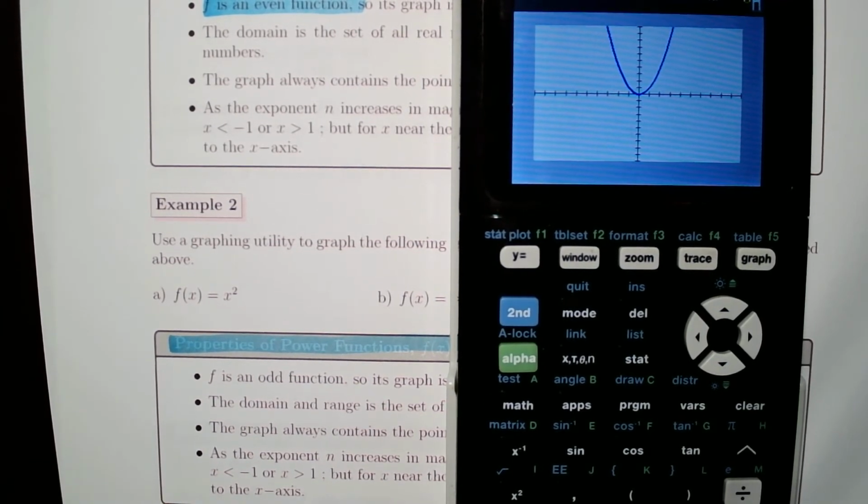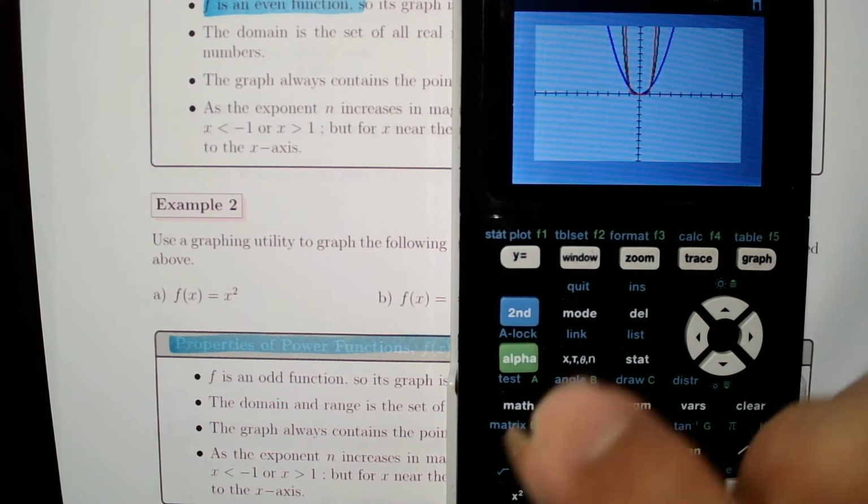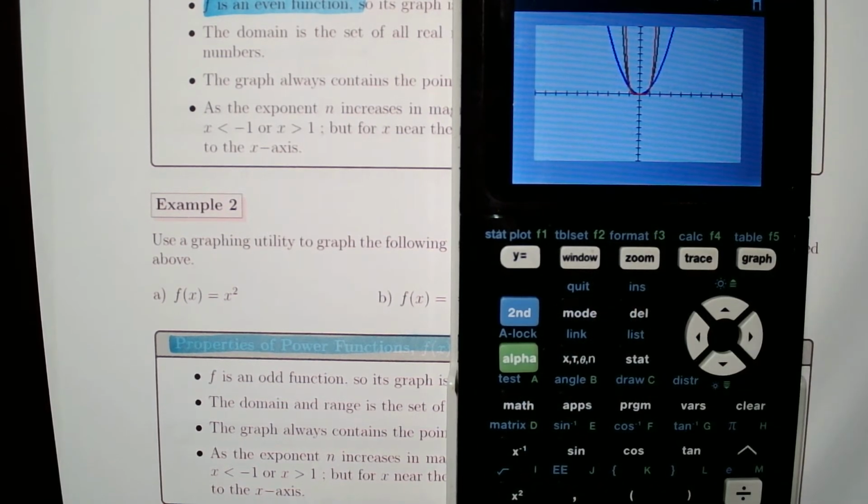So we're going to have x squared, which is the parabola, x to the 4th, which is not quite like a parabola, and x to the 6th, which is less like one still. After x equals 1, the graph starts increasing more steeply, right?